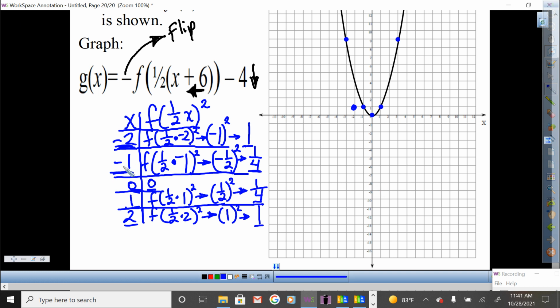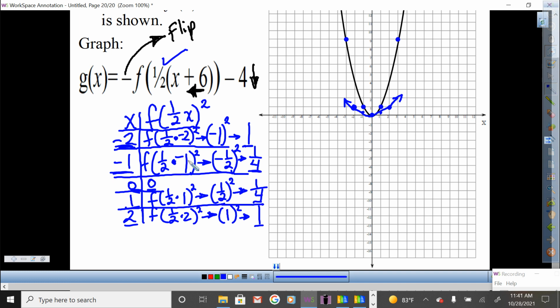Next one. -1, 1/4 is about right there. 0, 0, 1, 1/4, 2, 1. Okay. However, so that covers this one.